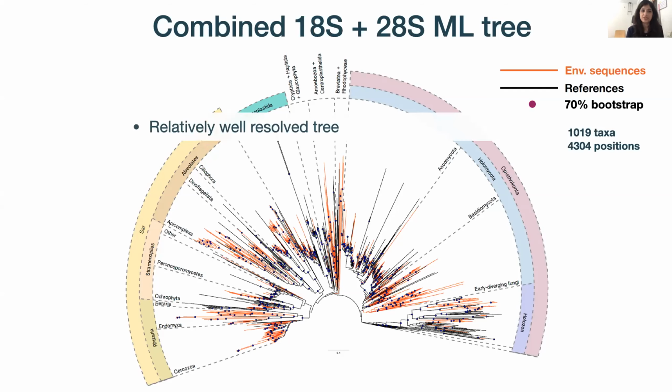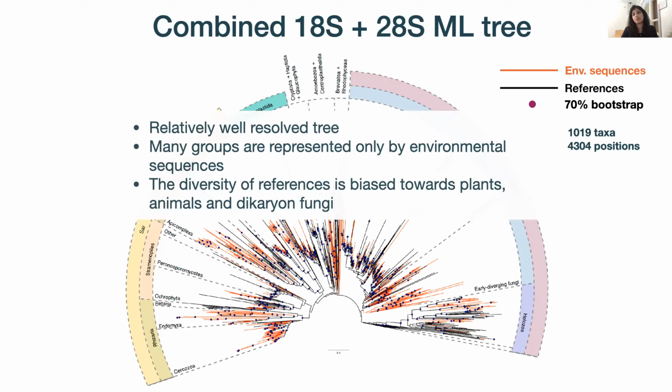So there are a few things to note about this. The first is that this is a relatively well-resolved phylogeny, and it spans all of the eukaryotic supergroups. The second thing to note is that some clades are almost completely orange, which means they're almost only composed of our environmental sequences. So this is particularly true for example, of the Rhizaria over here.